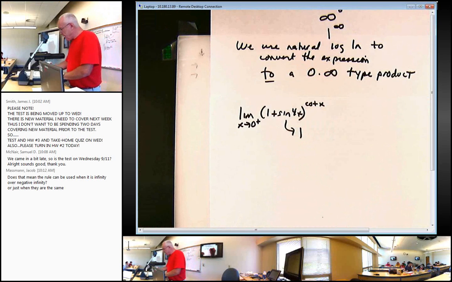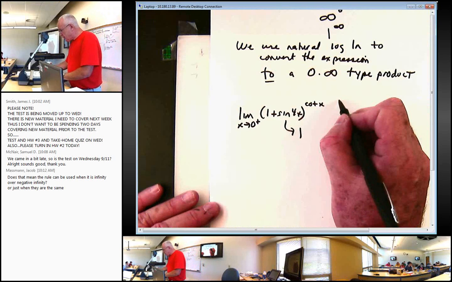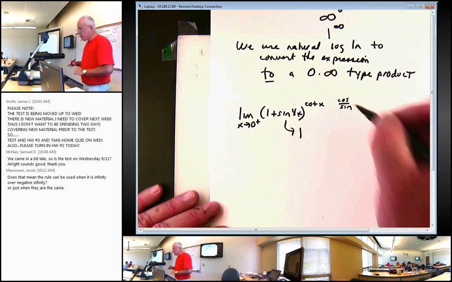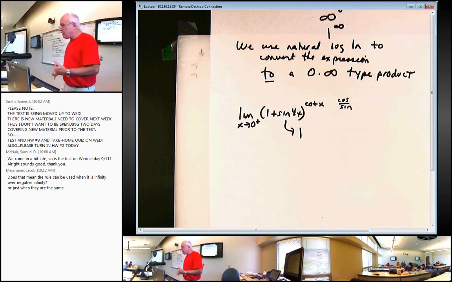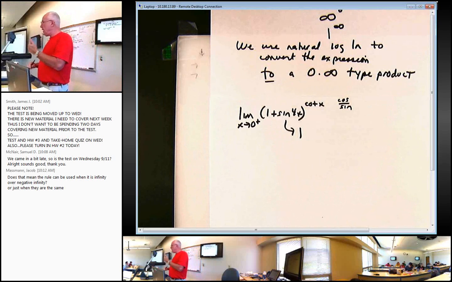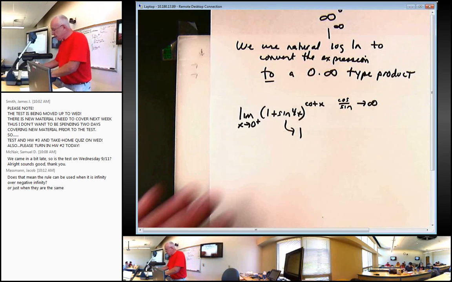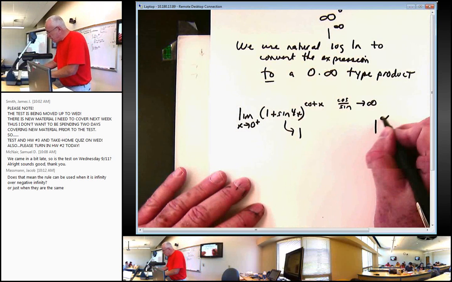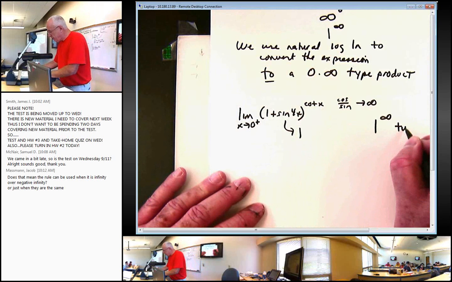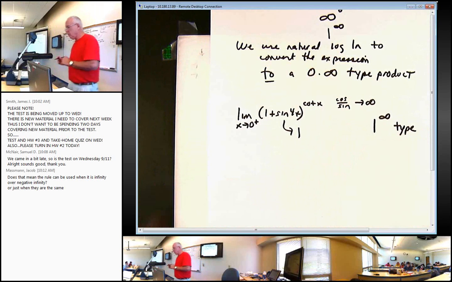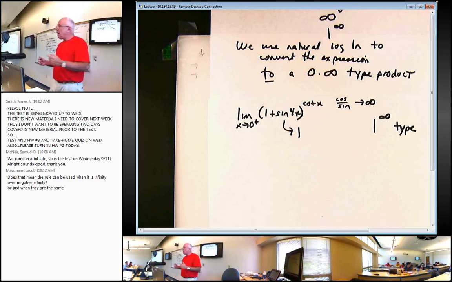Now, the cotangent is what? It's the cosine over the sine. So when sine goes to 0, we have a 0 in the bottom. Cosine goes to 1. So this goes to infinity. So what this means is this is a 1 to the infinity type. Right. All right. How do we handle this?